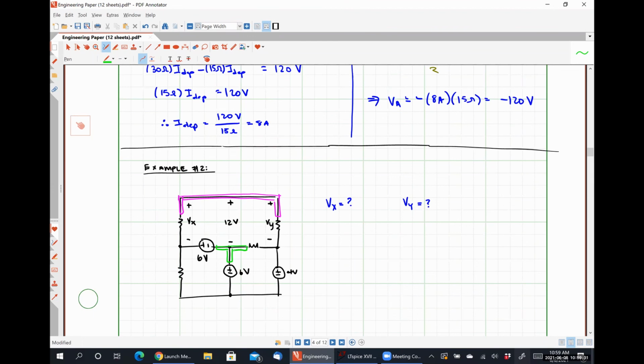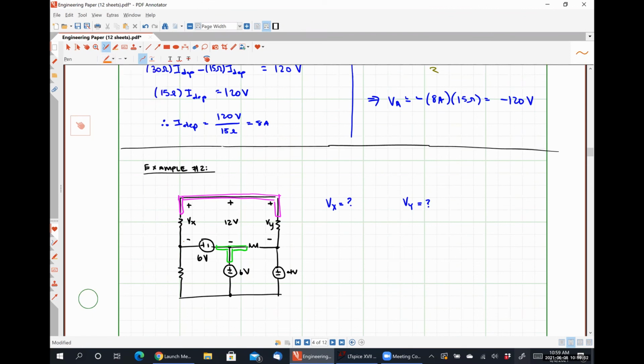Now you may be asking yourself, well, how does that little bit of information help? Okay. I'm going to write a Kirchhoff's voltage law loop, but I'm going to show you exactly what loop I'm referring to. Let me do it in orange.